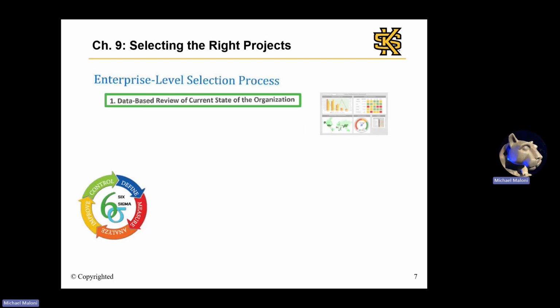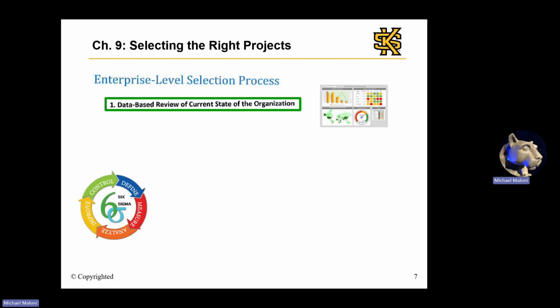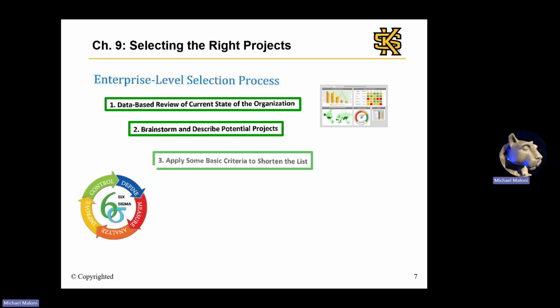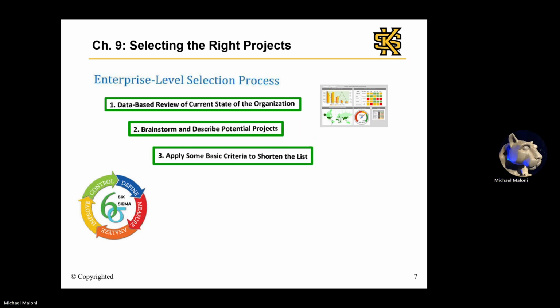The text presents a 5-step process to select projects. So first is conduct a data-based review of the current state of the organization. And then second, brainstorm and describe potential projects. Third is apply business criteria to shorten the list.